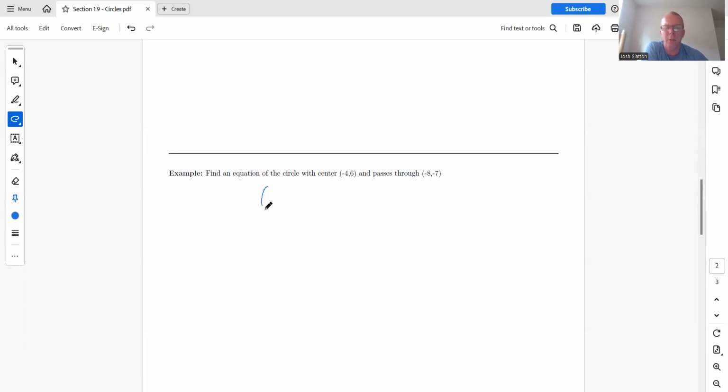Let's just start with our standard equation, and then you can at least see what you're looking for. So this is h, and that's k. So we have (x + 4) squared plus (y - 6) squared equals r squared.